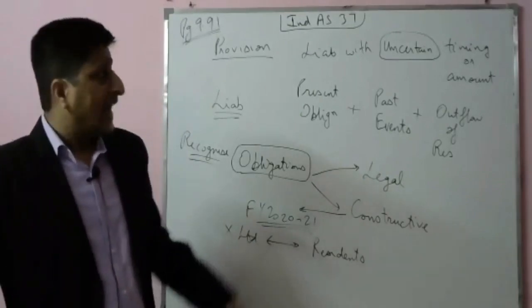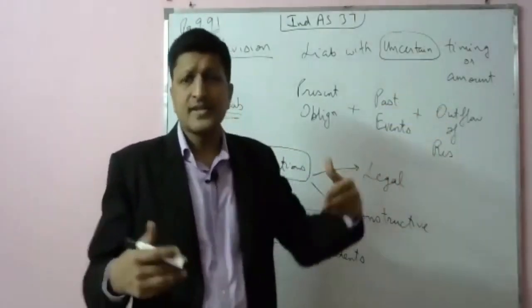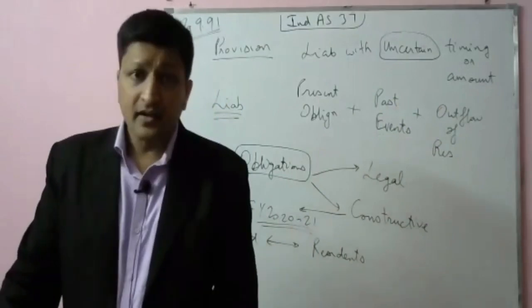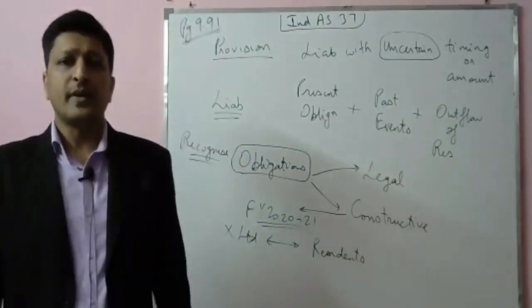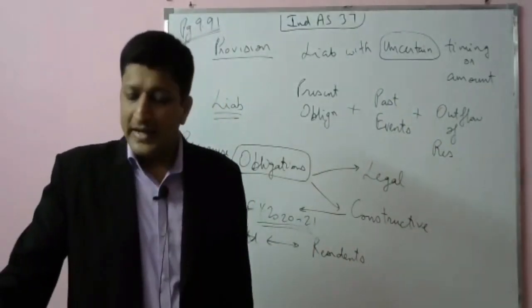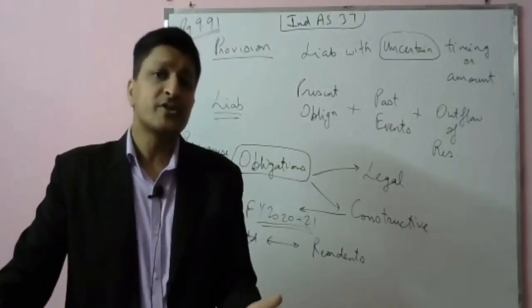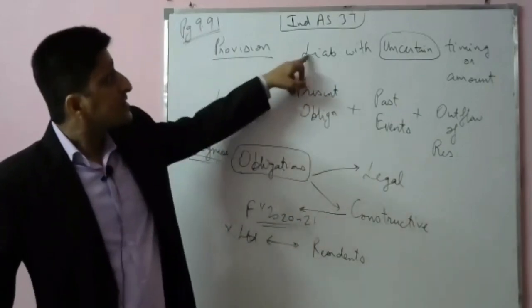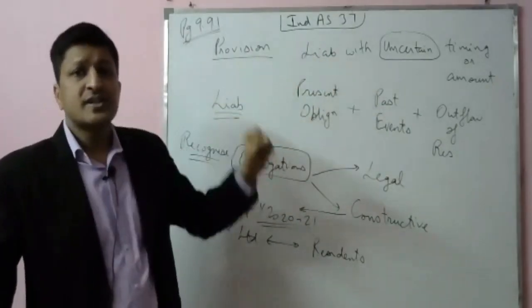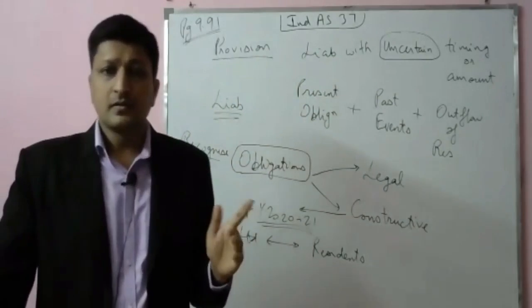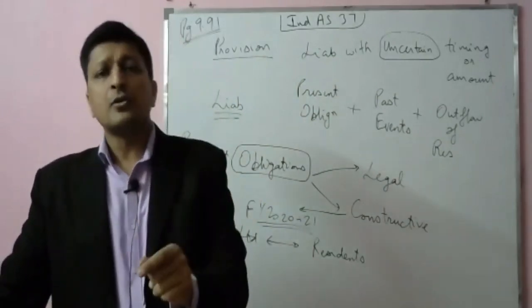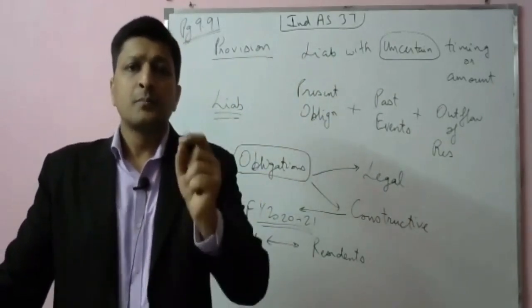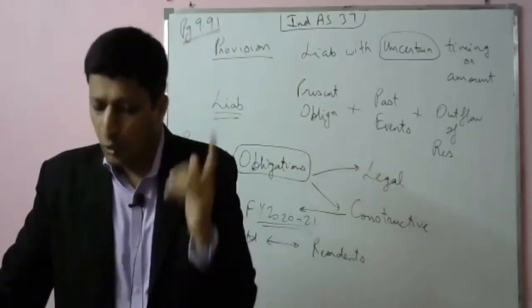Secondly, as regards the amount, as regards the measurement, here again a reliable estimate can be made. It's not difficult to estimate the amount which is required to be paid. So that's why we don't see this uncertainty in case of utilities, and we will not call it a provision. We will call it an accrual.